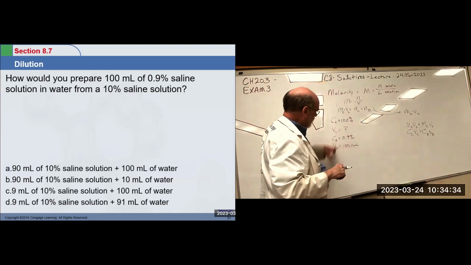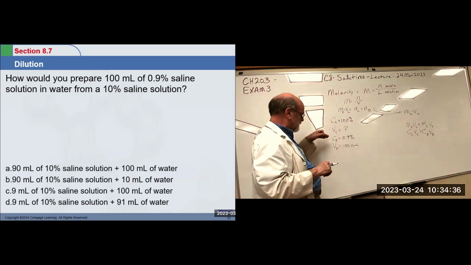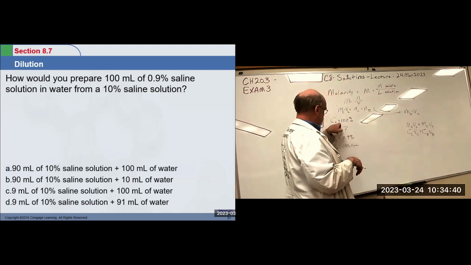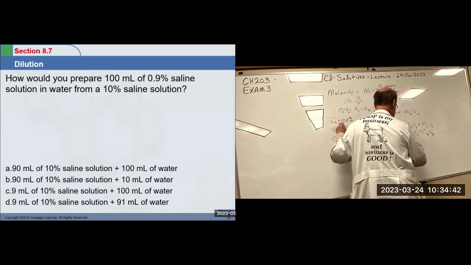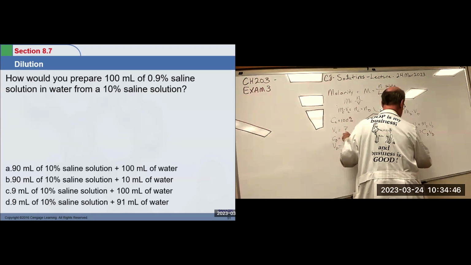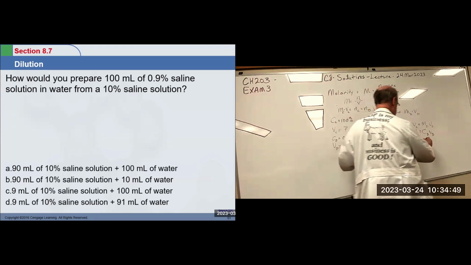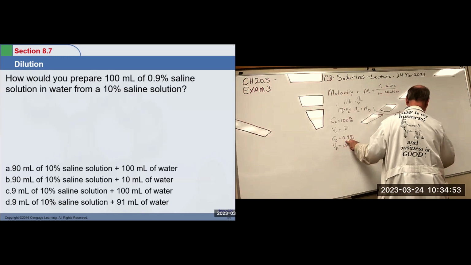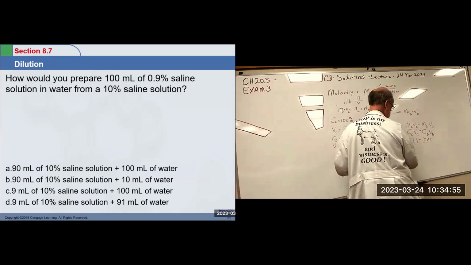So I like to do it like this, so I get things in the right position, so when I plug them in the formula, I don't put them in the wrong place. So concentrated would be 10 here. Volume of the concentrated is unknown. Diluted concentration is 0.9, and these are both percent, right?